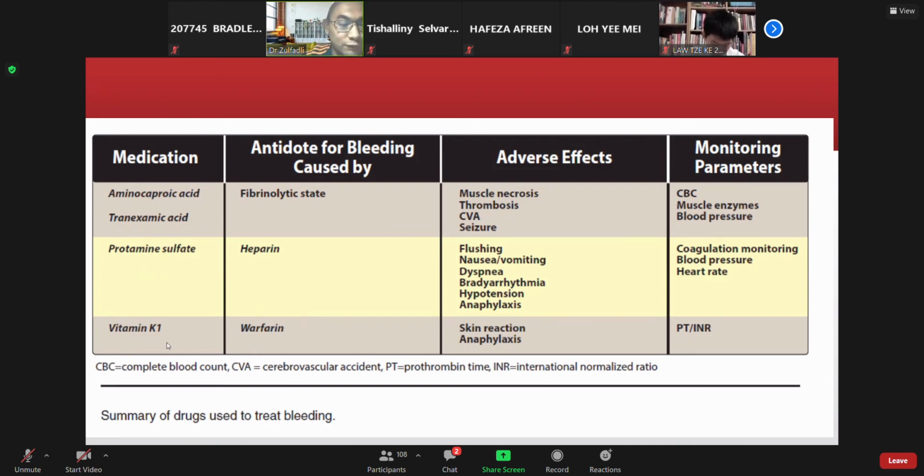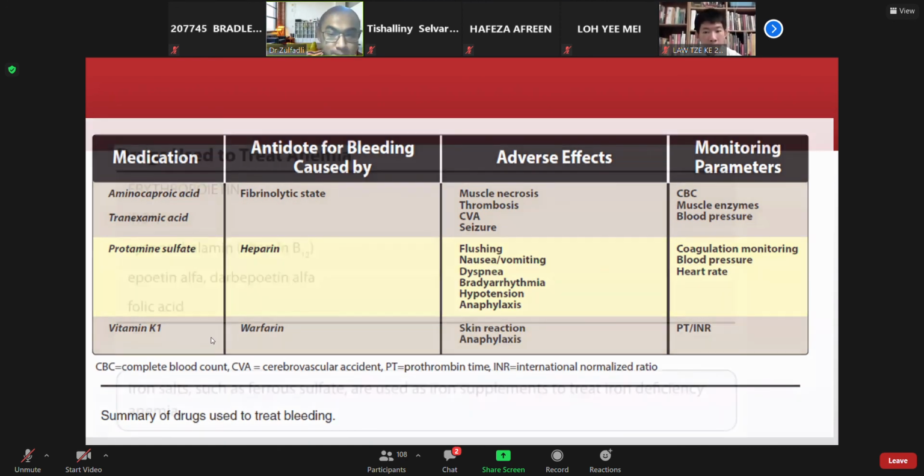For warfarin, we give vitamin K1. As you remember just now, warfarin stops the production of factor 2, factor 7, factor 9, and factor 10. So by giving vitamin K, it will increase the production of these coagulation factors, so it will reduce the bleeding effect.